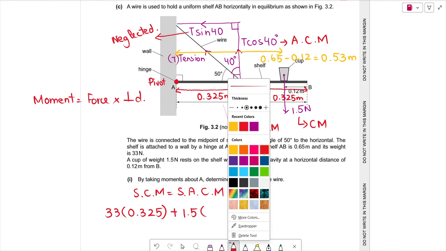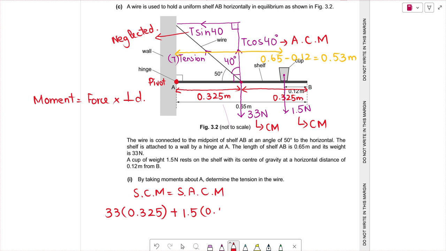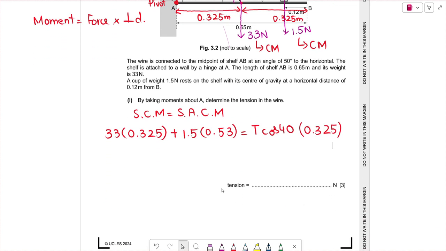So we have this distance now, 0.53, and for the anti-clockwise moment, we have this force T cos of 40 times the distance of T cos of 40 from the pivot, which is also 0.325. Now, since we have to find the tension T, T cos 40 times 0.325 is being multiplied on the right side.